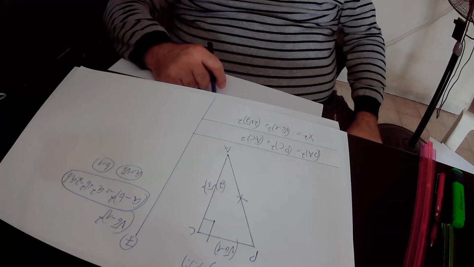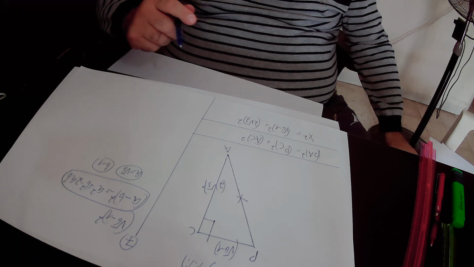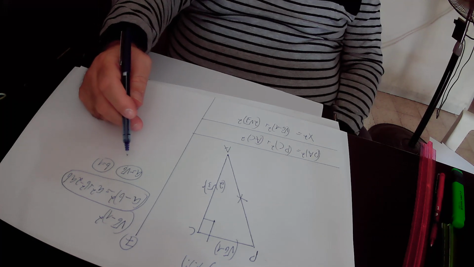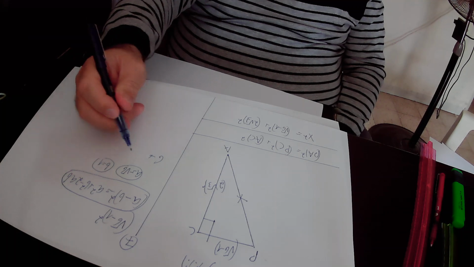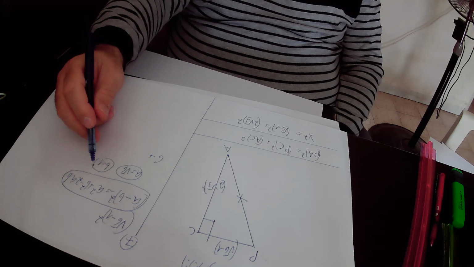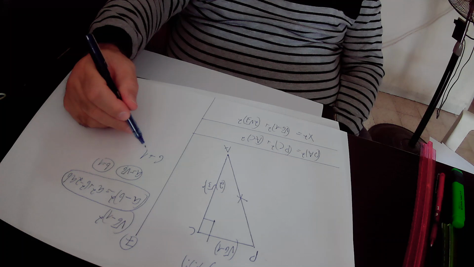we get that square root of 6 minus 1 squared equals A square. A is square root of 6, therefore A square is square root of 6 squared, that is 6, plus B square. B is 1, so B square is 1 squared, that is 1.